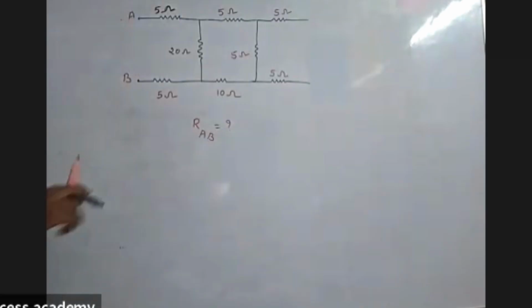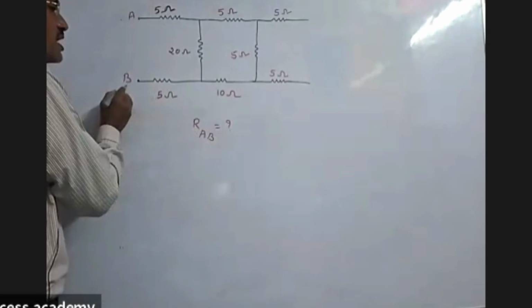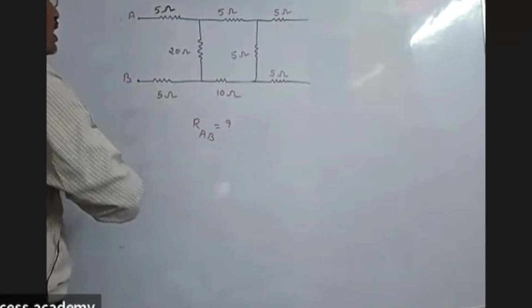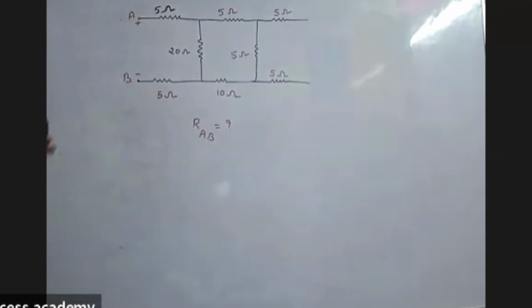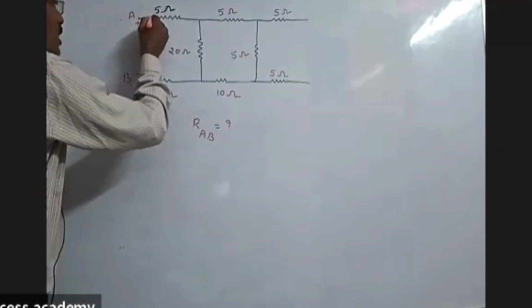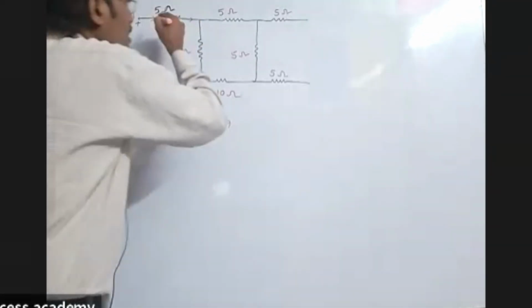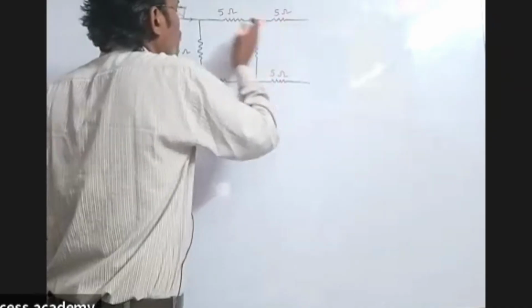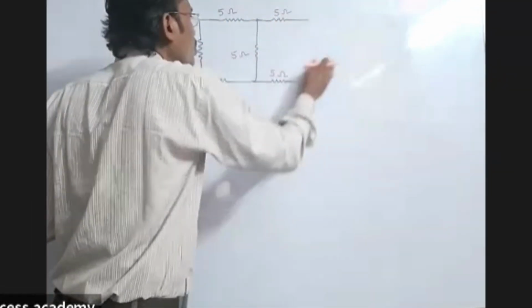Now see here. A is the first letter, B is the second letter. So A is connected to positive and B is connected to negative. Remember carefully. From the positive, the current is passing in this direction, up to here. But to move from here, there is no closed circuit.